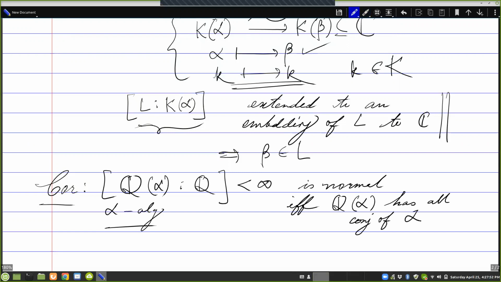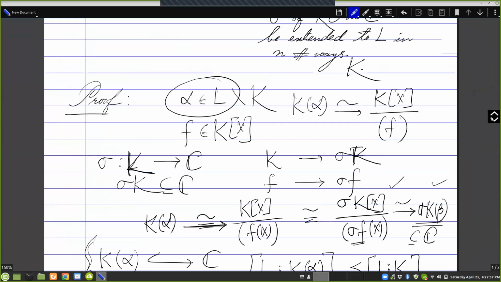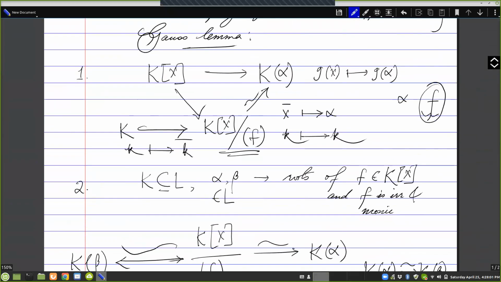This is because of the isomorphism, from this map that we have just discussed earlier. Since this is surjective, the image of this is the same as the image of that. That shows that every element of K(alpha) is nothing but the image of some g(x).